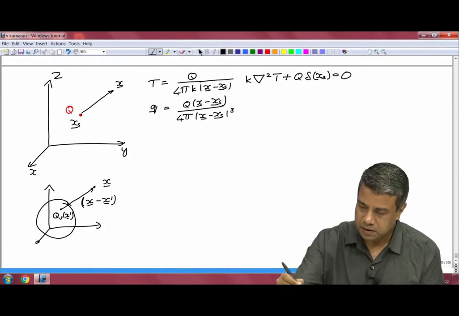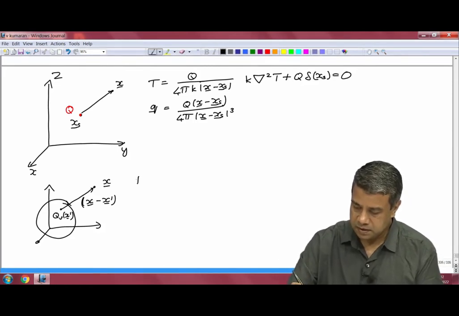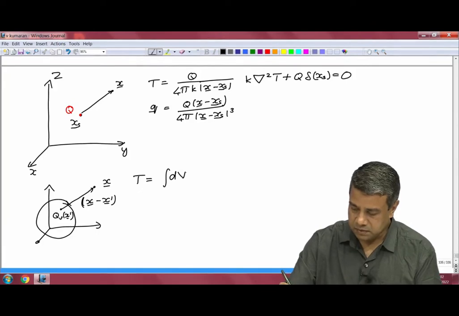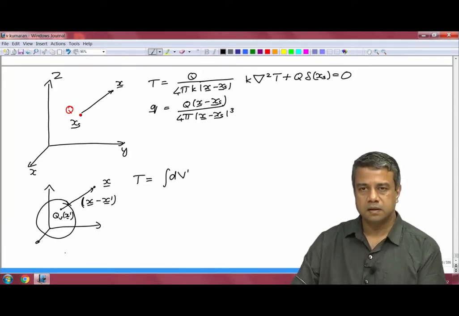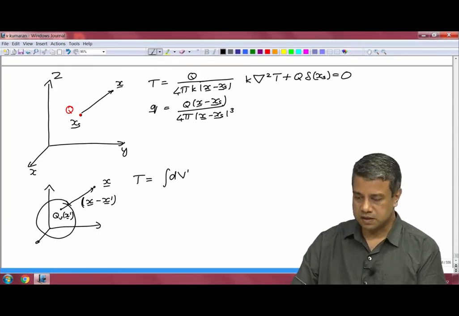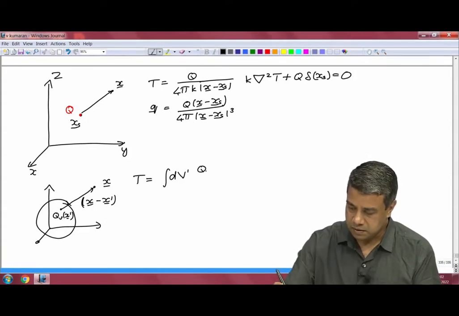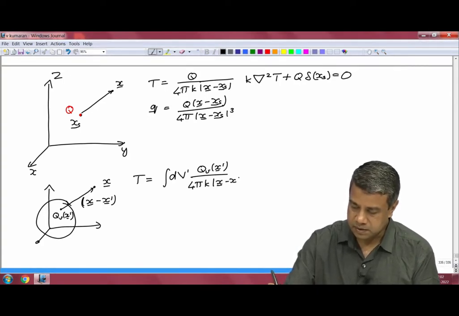And in this case, we had a straightforward extension of this. Integral over the source locations of the volumetric source of x prime by 4 pi k into the distance x minus x prime.